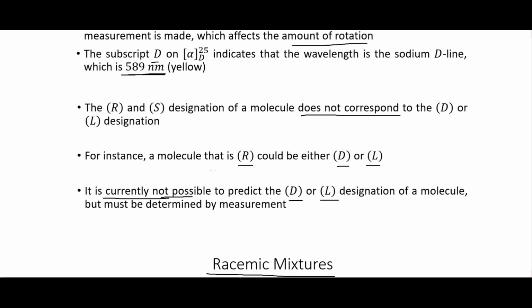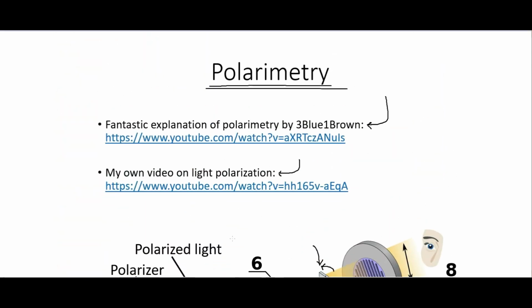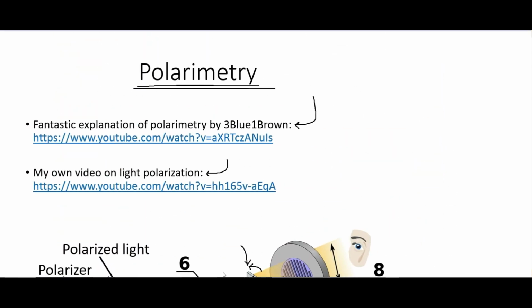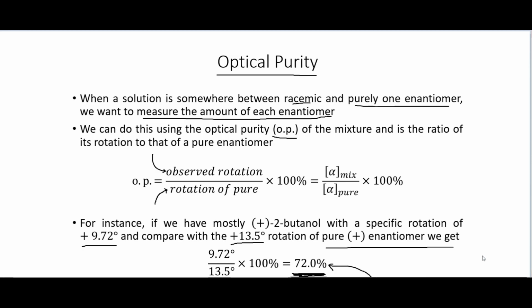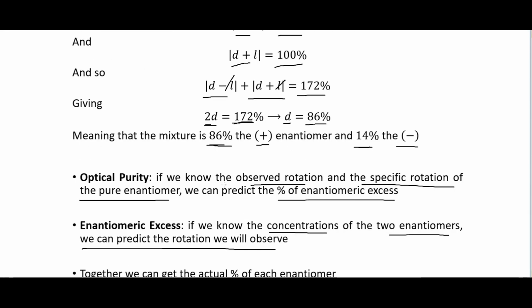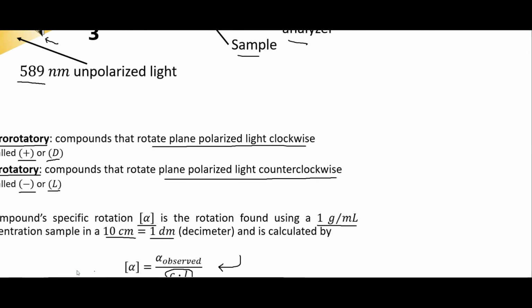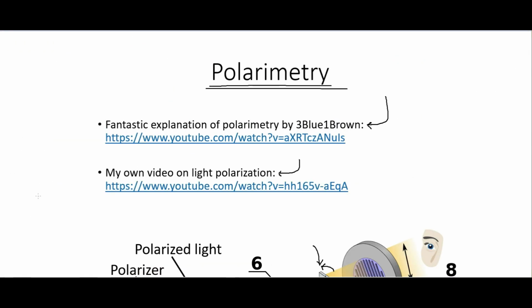So if something is R, it could be either D or L. We can't predict the D or L character of it, so that's something we actually have to measure. Then using those measurements of the rotation of plane polarized light, we can get the optical purity, and from that we can find how much of our solution is one enantiomer over the other. And so yeah, that is the take-home message for this video.